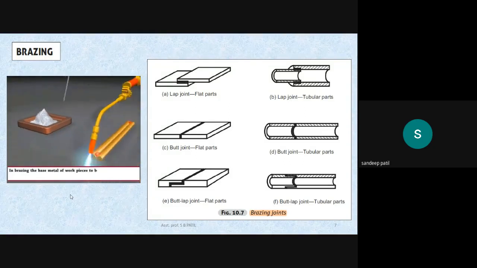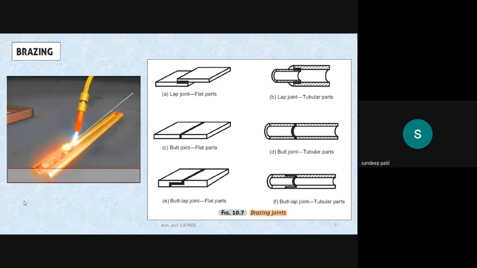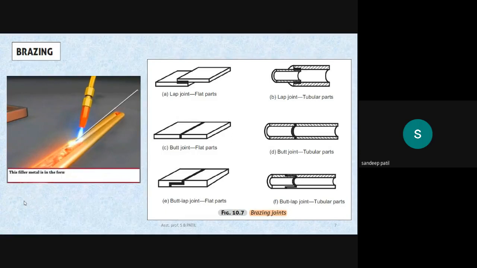In brazing, the base metal of the workpieces to be joined is not melted, but the filler metal is melted. The filler metal in the form of liquid adheres to the base metal, and the joint is made between the two workpieces.